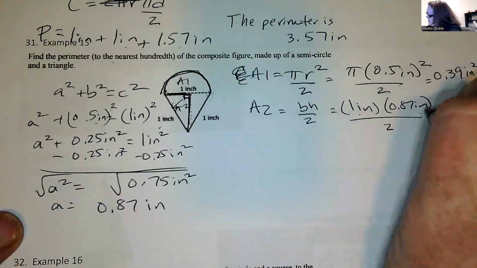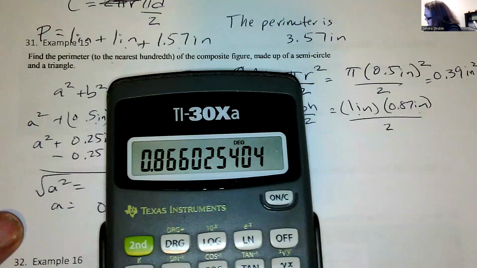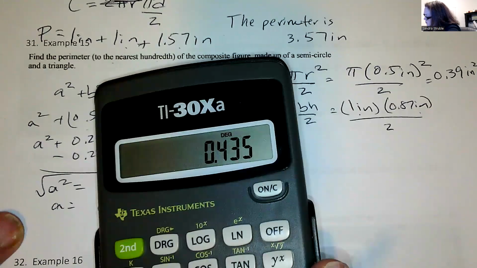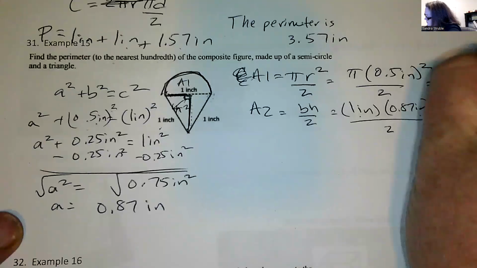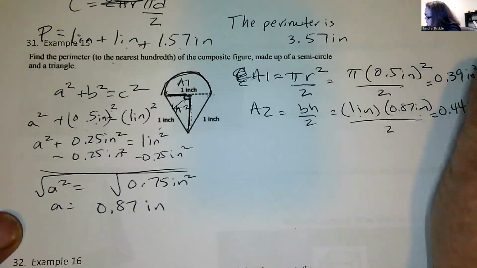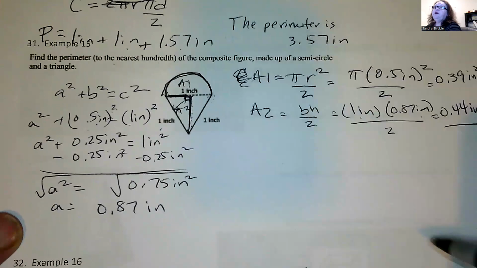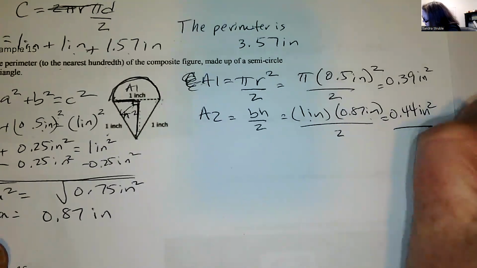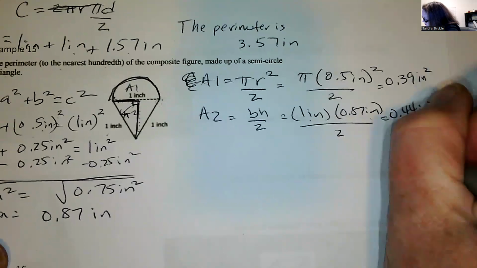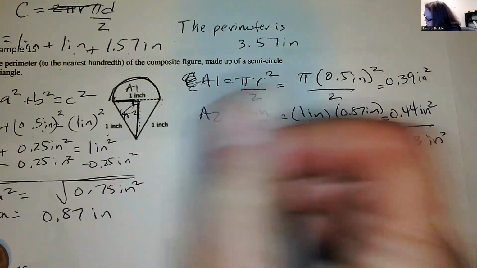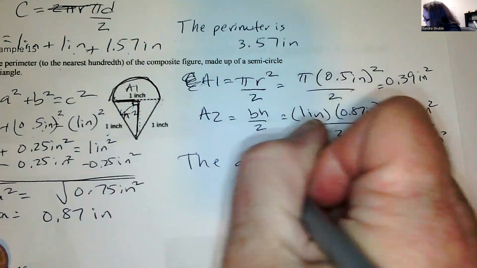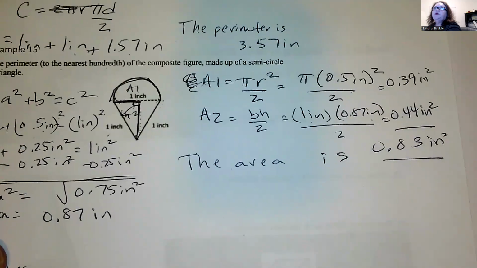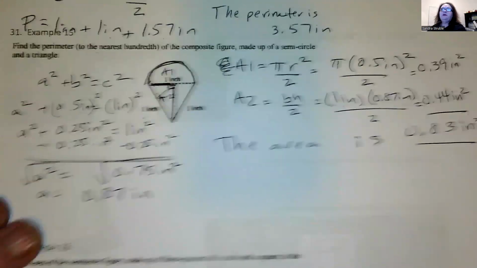So 1 times 0.87 is 0.87, and then divided by 2 is 0.44 inches squared. The total area for this composite figure, I'll just add these up real quick. So the area is 0.83 inches squared.